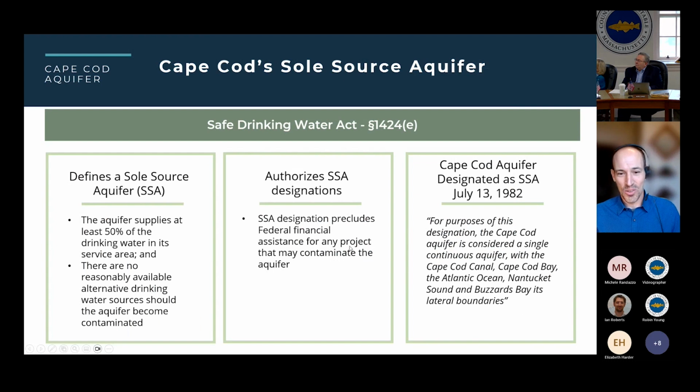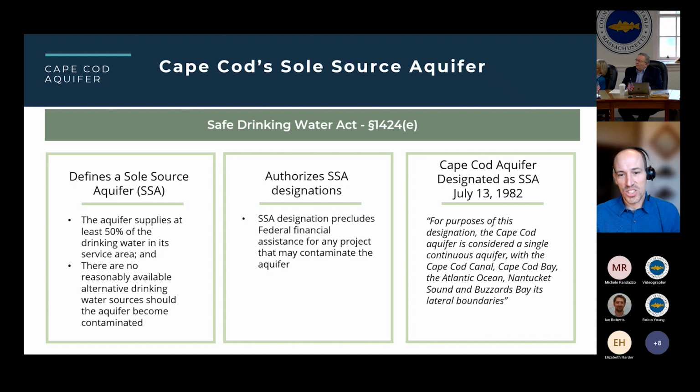So let's talk about that, right? Because the Cape Cod aquifer is designated as a sole source aquifer. Specifically, the sole source aquifer designation is a piece of the Safe Drinking Water Act, which defines what a sole source aquifer is. The important parts are that the aquifer supplies at least 50% of the drinking water to its service area, and that there are no reasonably available alternatives if the aquifer basically becomes unavailable for drinking water use.